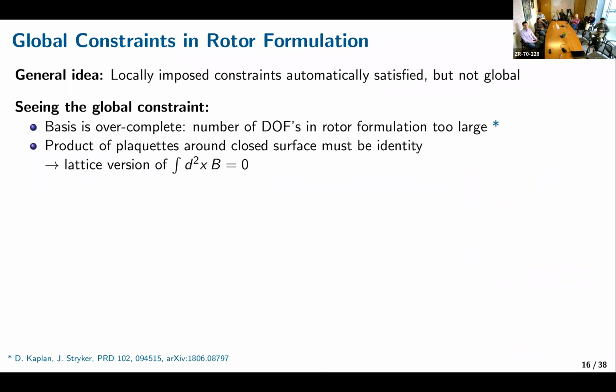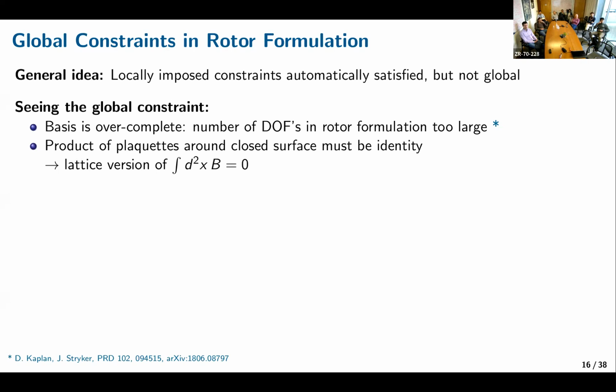However, there is a remaining global constraint that has not been satisfied, and you can figure this out by counting the number of degrees of freedom you need to specify a state in your Hilbert space. If you do this counting, you find that you have one redundant degree of freedom, and this comes from the fact that the product of Bloquets around a closed surface has to be the identity, which is just a fancy way of saying that the sum of the magnetic fields has to equal zero across the entire lattice.